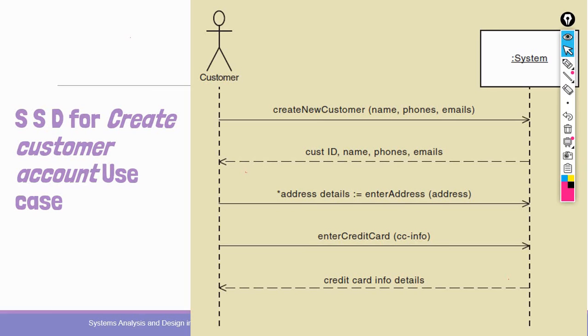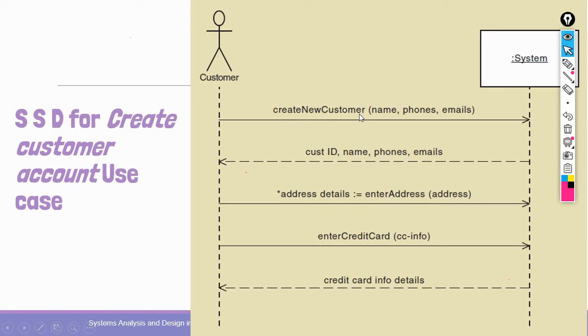So here, this is the SSD for the create customer account use case. This illustrates the 3 messages based on the activity diagram. Notice that the names of the messages reflect the services that the actor is requesting from the system.